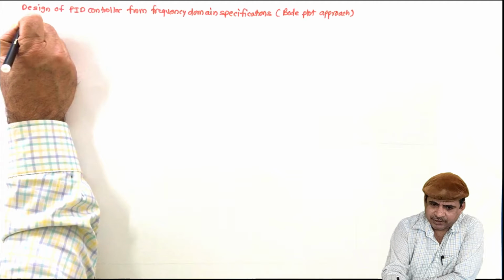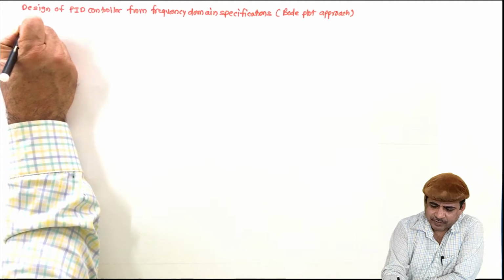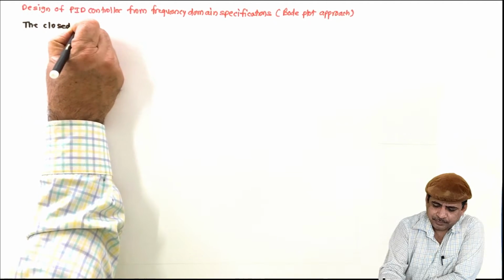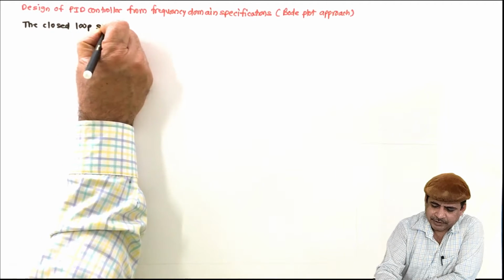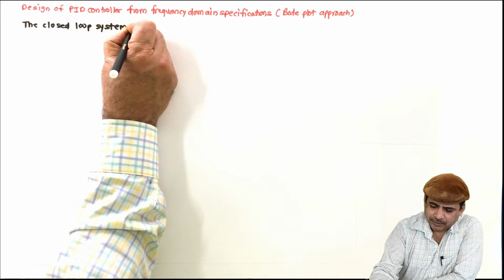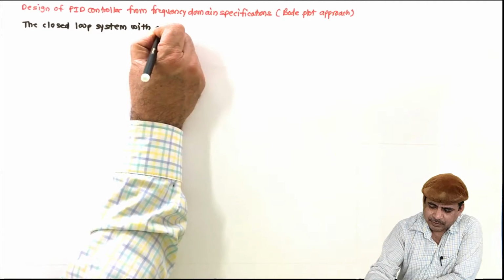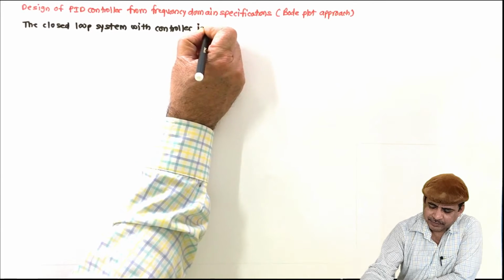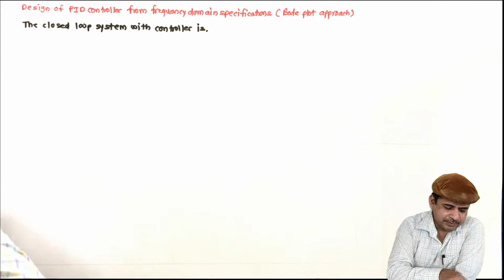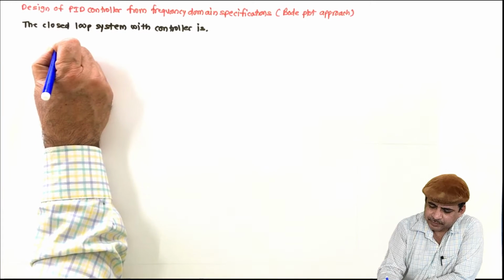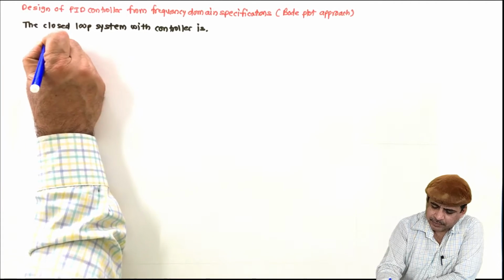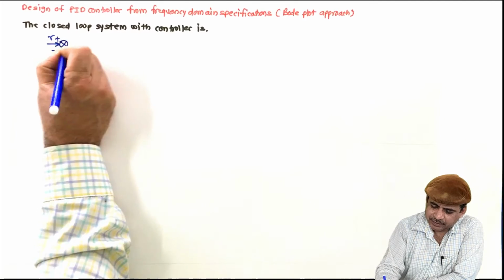Let us revisit the closed loop system. The closed loop system with controller is, set point R is applied.